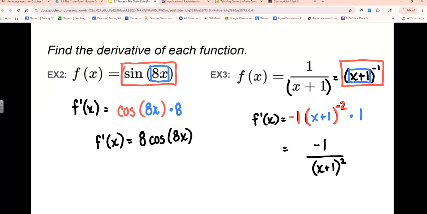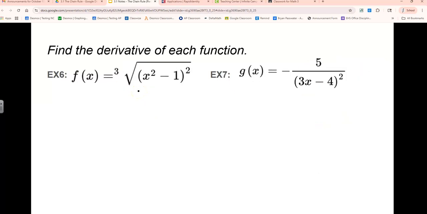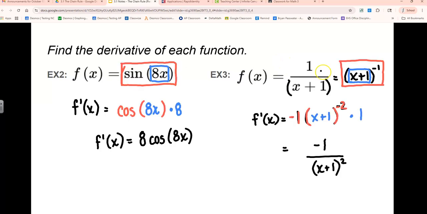So what if there's like 2 over that? If it was a 2, it would still be a problem that we can do today. I got one like that coming up. We'll see it. If it was 2x, then it's going to require a product rule and a chain rule, which we will see tomorrow. So we're not going to go that far today.